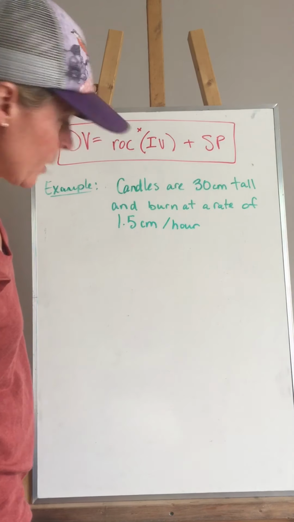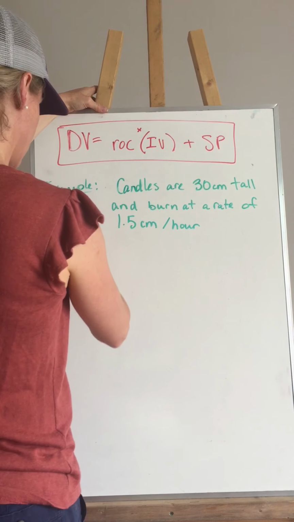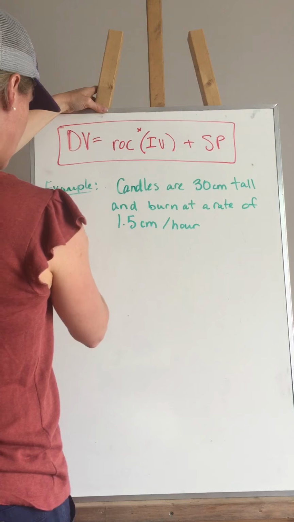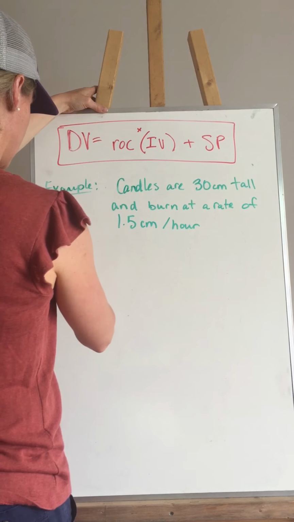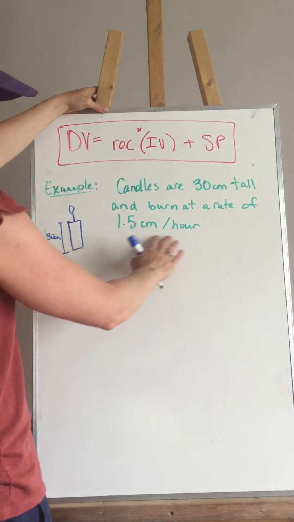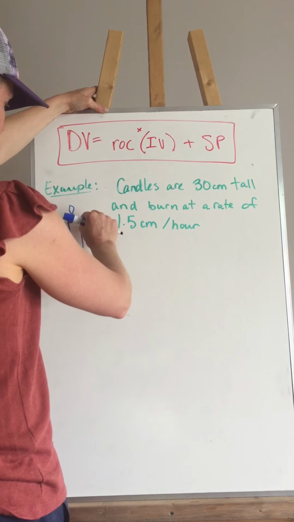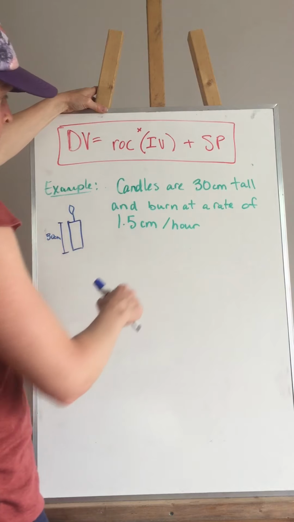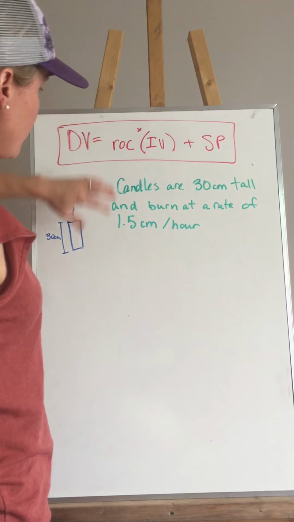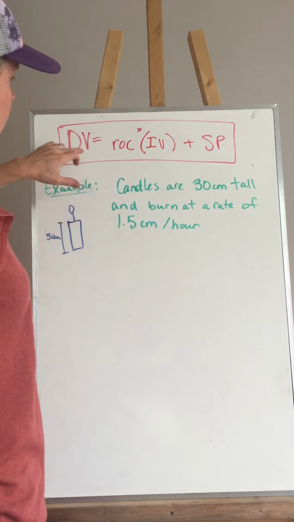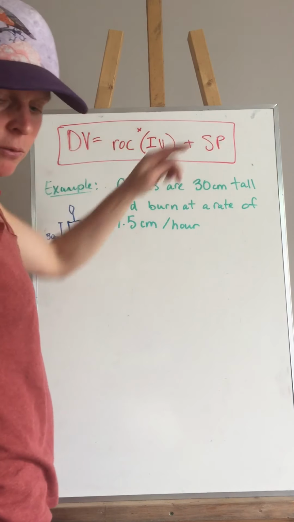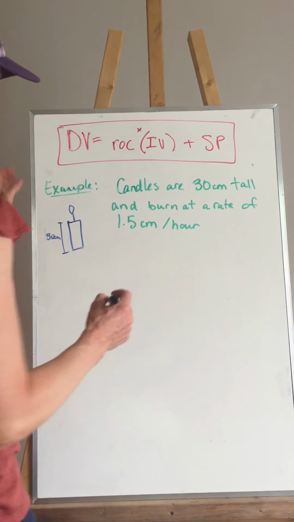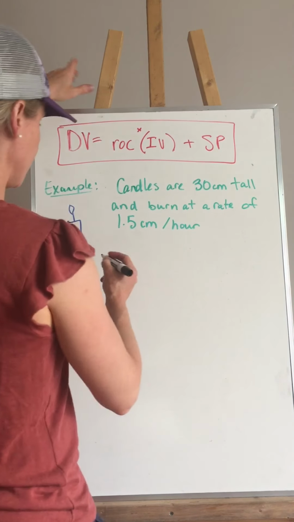So if you can kind of picture, we've got our candle, and the height of it is 30 centimeters, but it's going to be burning for a while, and it's burning down a centimeter and a half each hour. So what we're going to do is, from this information, pull out these 4 pieces of information that we need to come up with our equation for this linear relationship.